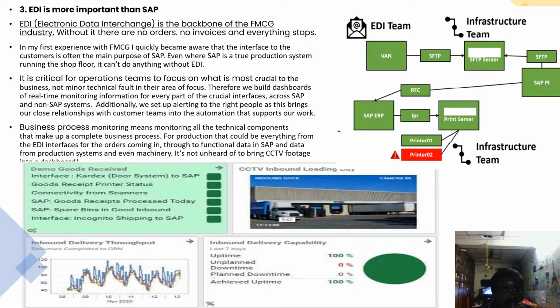It is crucial for operation teams to focus on what is most crucial to the business, not on minor technical faults. Therefore, we build dashboards of real-time monitoring information for every part of the crucial interfaces across SAP and non-SAP systems. In FMCG and retail, we have a lot of non-SAP systems integrated with SAP to cater to the needs of a complete end-to-end process, for better optimization and tracking of monitoring of systems.